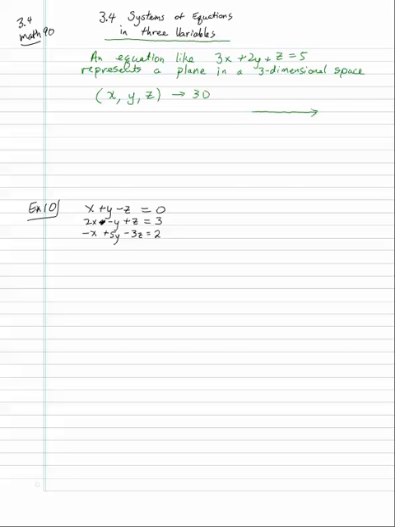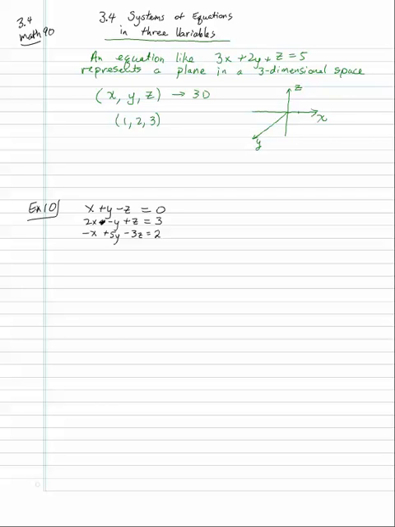So your x-axis is still going horizontally, but now your y-axis is going to come out at you, and the vertical axis is going to become the z-axis. So like that.